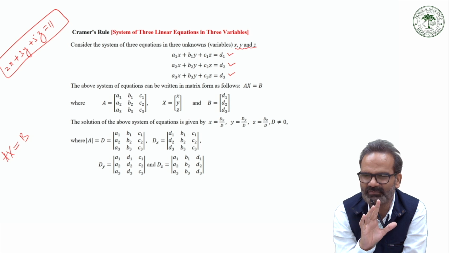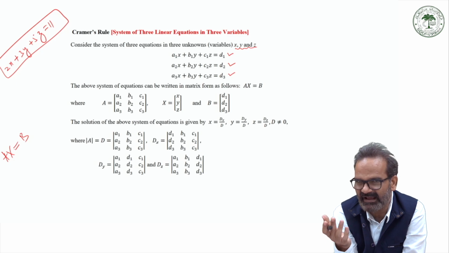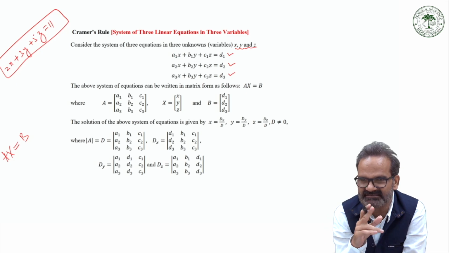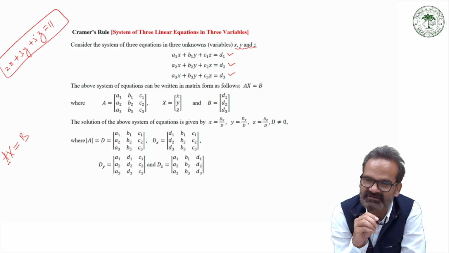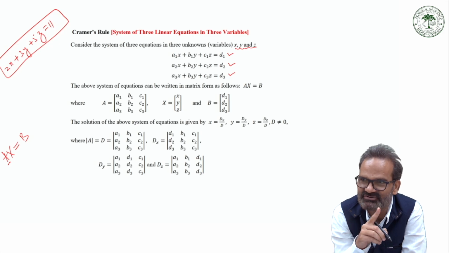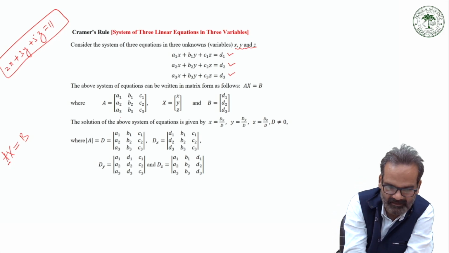We are not going to change anything. A simply represents the matrix of the coefficients of the variables x, y, z in the given equations.